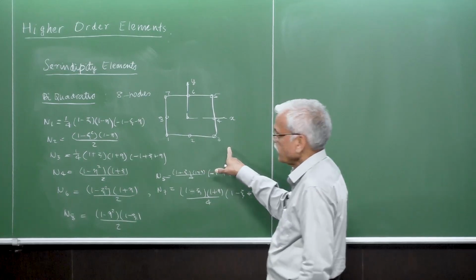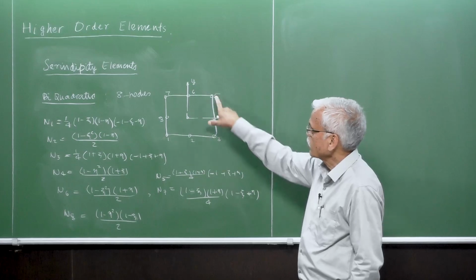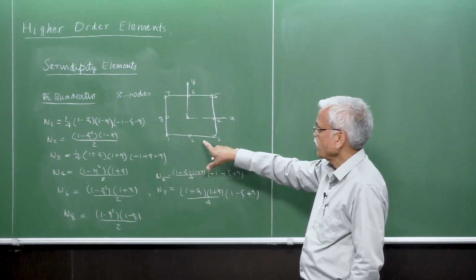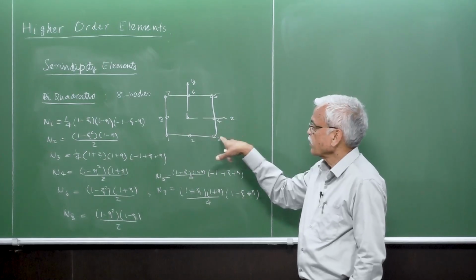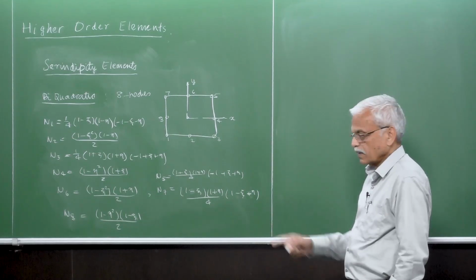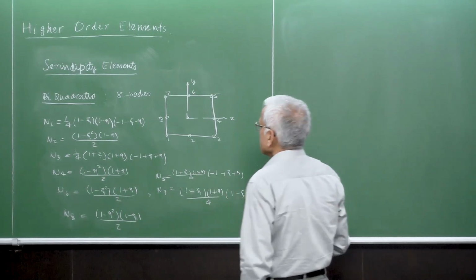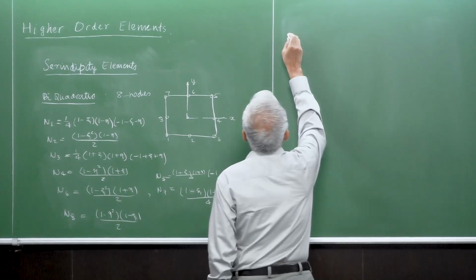So to start with, we have the 8-noded serendipity element, which has only the 8 nodes on the boundary here. And then, similarly, I'll talk about this one. The next one is the 12-noded cubic element.